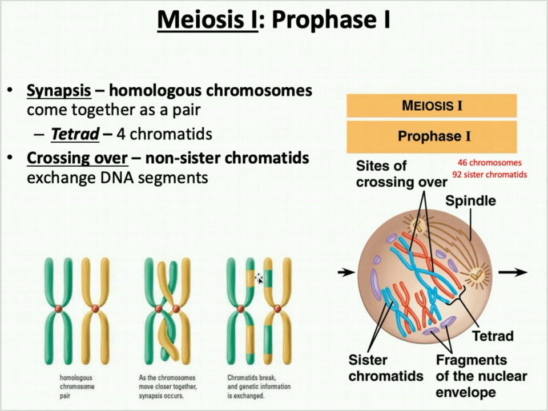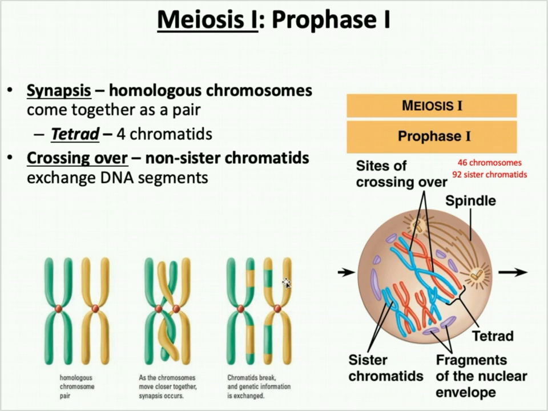And then essentially what you get are 2 different homologous chromosomes. And after meiosis 2, you'll have one haploid cell that will have this DNA, another haploid cell that will have this DNA, another haploid cell that will have this DNA, and another haploid cell that will have this DNA.